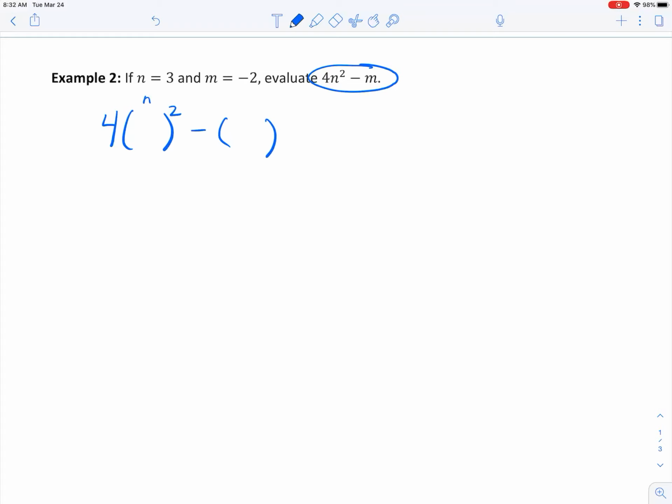And this was my n, and this was my m. So now I'm going to look up at my problem, and n is 3, so I'm plugging that in for n. I'm substituting it in. And m is -2, so I'm substituting that in. I'm plugging it in.